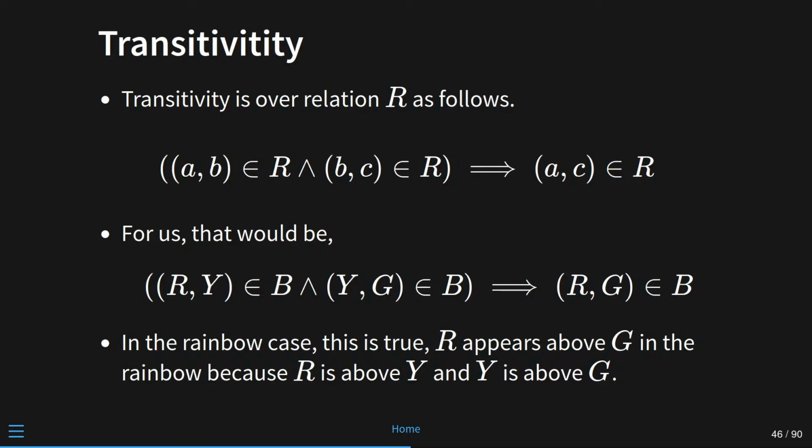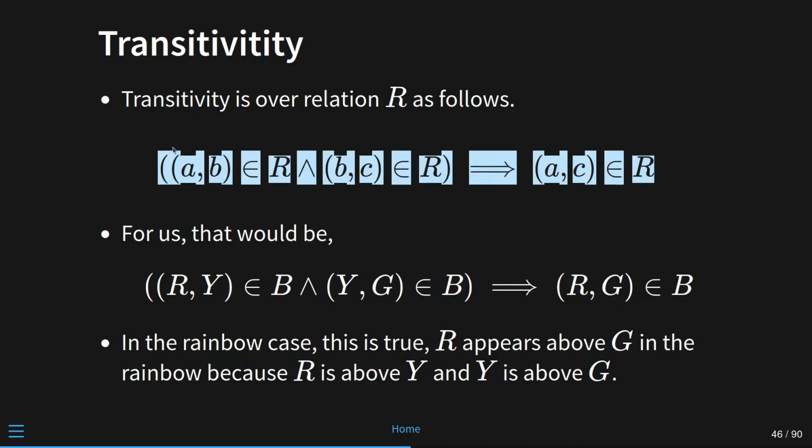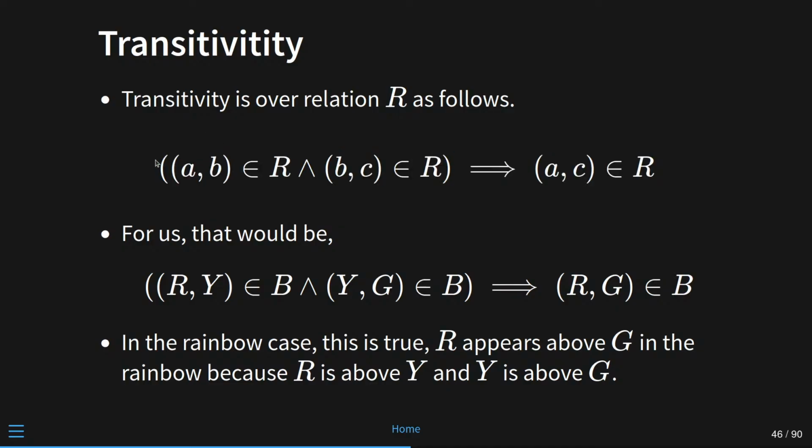The transitive closure is if there is some series of edges that connect two things, I regard them as connected. So if A to B is in R and B to C is in R, then A to C is in R. That means the relationship R is transitive. I have thus far shown you no transitive relations, okay?